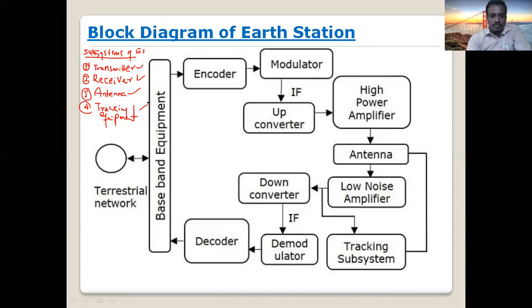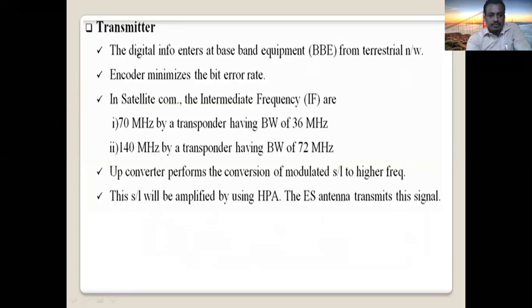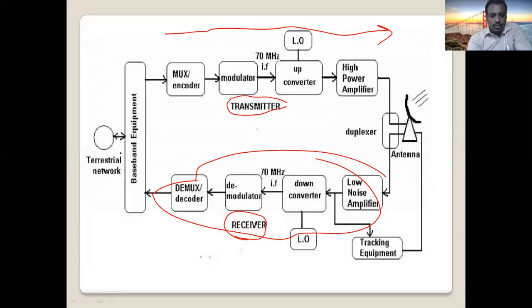Okay, so let's start with the transmitter Earth station. The signal may be analog or digital, it doesn't matter. Now let's consider digital transmission of audio, video, or data. This data comes from the terrestrial network on the ground, what we call the mobile communication network or other terrestrial networks.